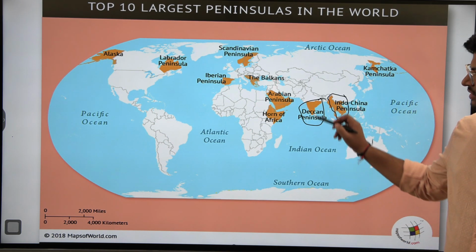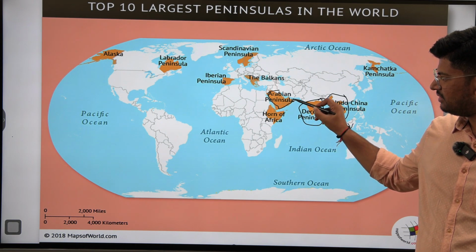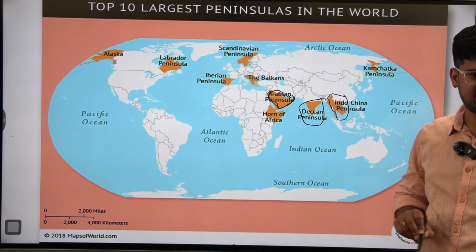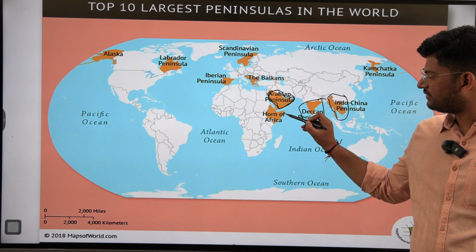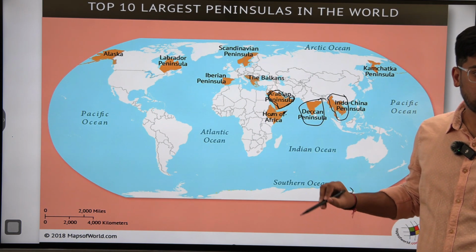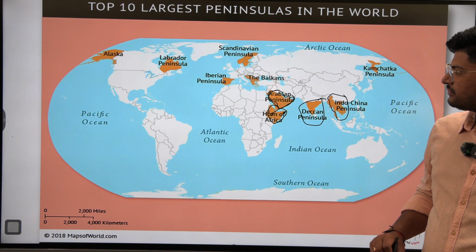And similarly, if you remember Arabian Peninsula, the Saudi Arabia, Yemen, Oman, UAE, this is called Arabian Peninsula. Then you have Horn of Africa, that is here Somalia, this is Ethiopia, this is called Horn of Africa, this is also a peninsula.